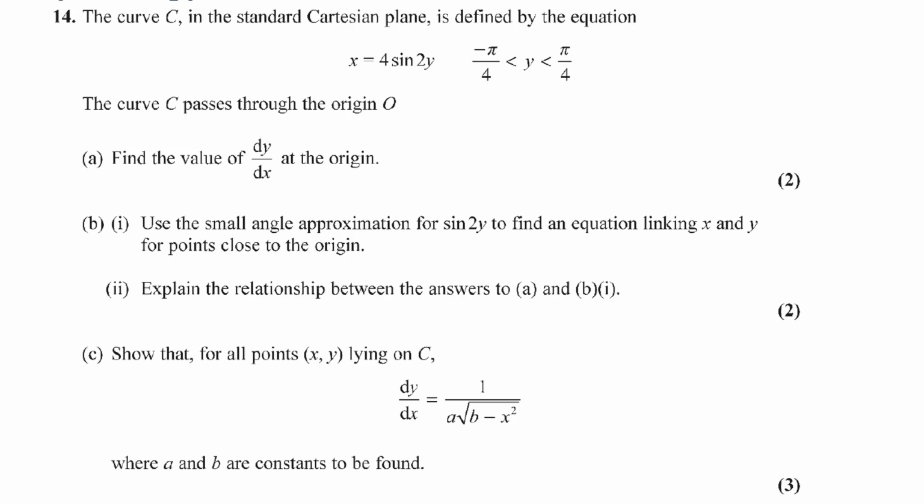This next question is a differentiation question, and we're being given a curve x is equal to 4 sine 2y, and we're being asked to find dy by dx. So because we've got x as the subject, what we need to do first is find dx by dy. Now x has been given as a function of a function. We're taking the sine of double y, so we'll need to use the chain rule.